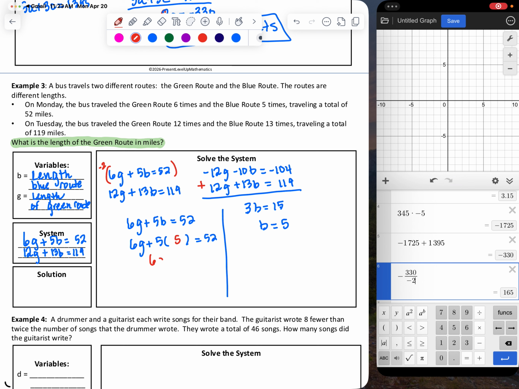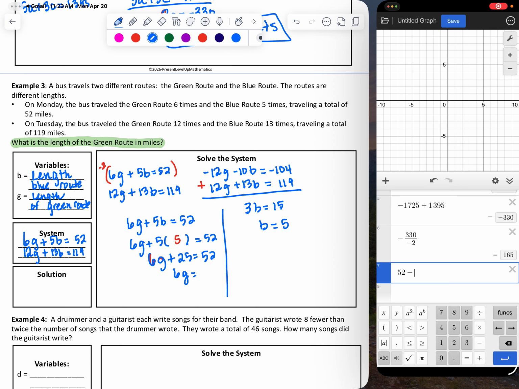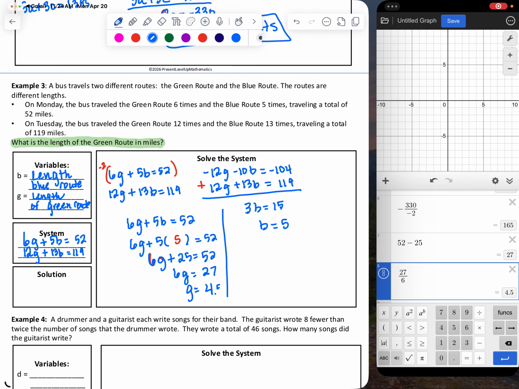So 6g plus 25 equals 52. Subtract 25 from both sides. So 52 minus 25, and that gives me 27, and then divide 27 divided by 6, and that gives me 4.5 miles.